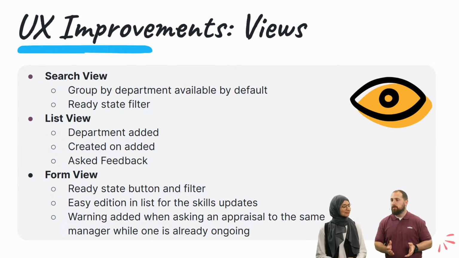What is ready for an appraisal? It's an appraisal that is confirmed, first of all, but also where both the employee and the managers have published their own feedback. Once all of that is done, it's time to do the meeting and the final appraisal, so you can easily filter on that new state from now on.